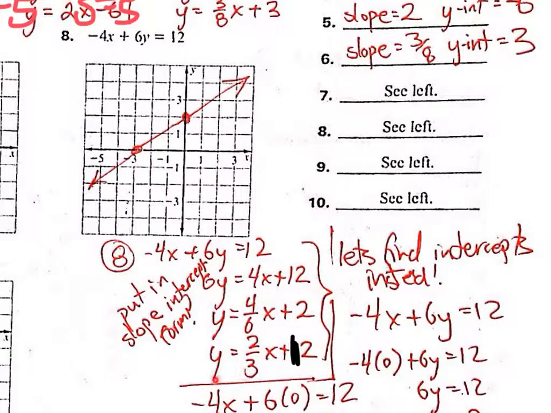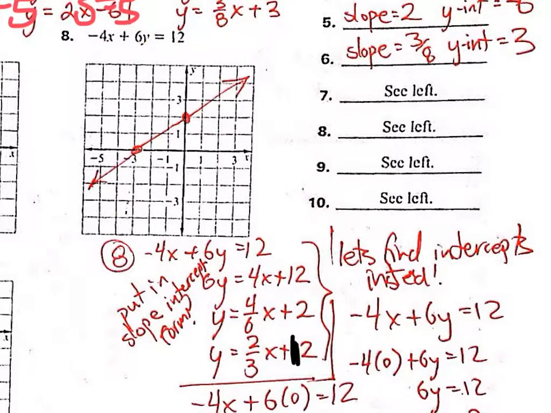So you could just simply put this into slope-intercept form and then graph. So it'd be a y-intercept of 2, and then up 2 and over 3. That's not too bad, but you do have to do all this rearranging of the equation. So I said, well, let's find the intercepts instead, because this is kind of set up for it.